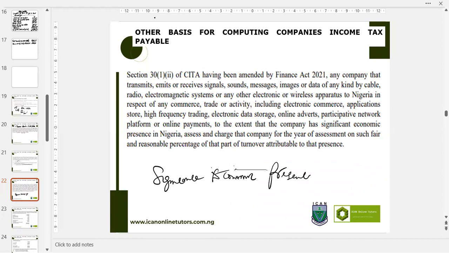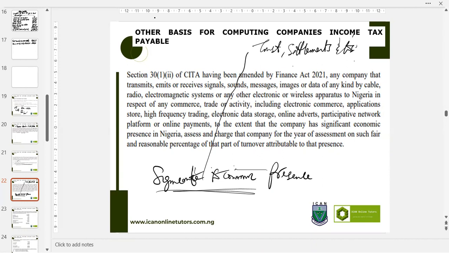I think we have done it in this class, right? Have you heard of this term before, significant economic presence? No, sir. Oh, you are saying no? We treated this under the taxation of trust, settlement, and the estate.